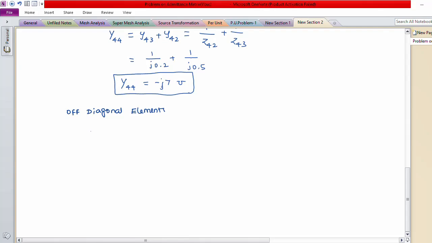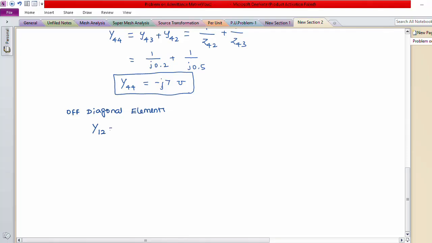Like that we have to calculate the off-diagonal elements. Now we will calculate for Y21, or Y12. Both are the same because the admittance matrix is a symmetrical matrix, so whatever value we determine for Y12 will be equal for Y21.